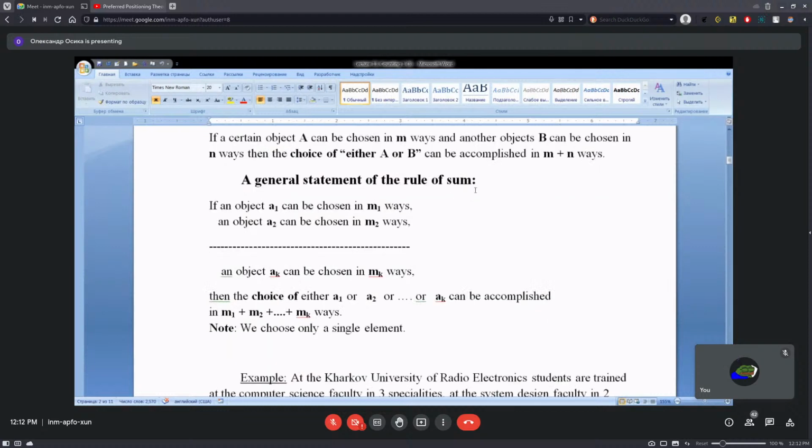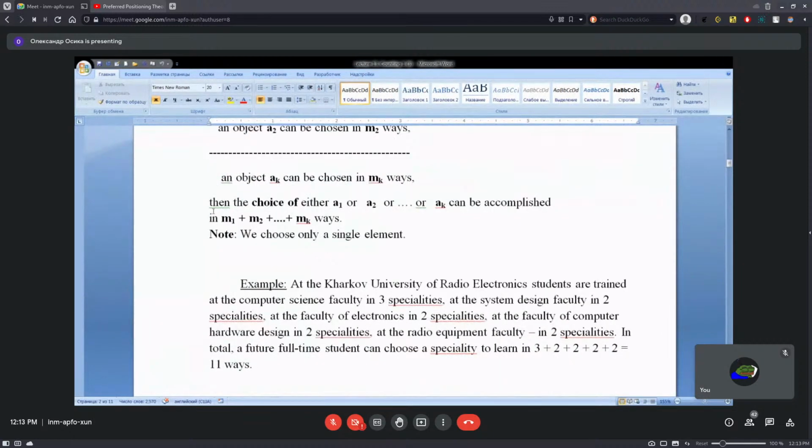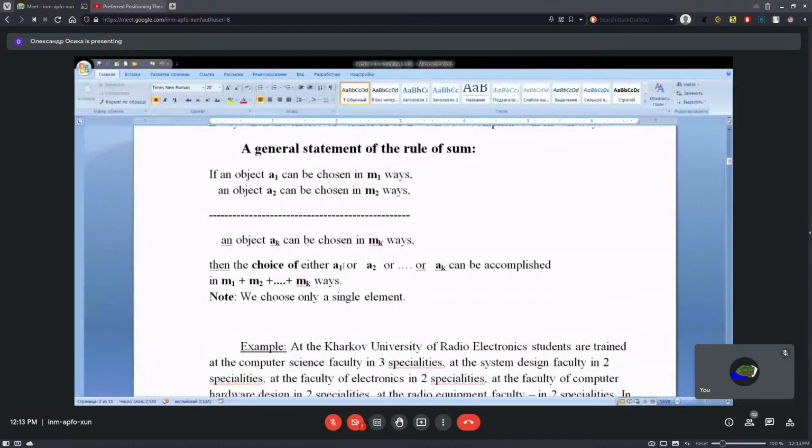A general statement of the rule of sum. If an object A sub 1 can be chosen in m sub 1 ways, an object A sub 2 can be chosen in m sub 2 ways, and so on, an object A sub k can be chosen in m sub k ways, then the choice of either A sub 1 or A sub 2 or so on, A sub k, can be accomplished in m1 plus m2 plus so on, m sub k ways.